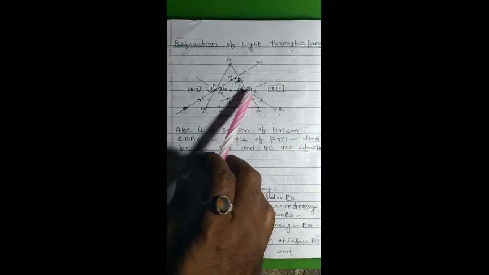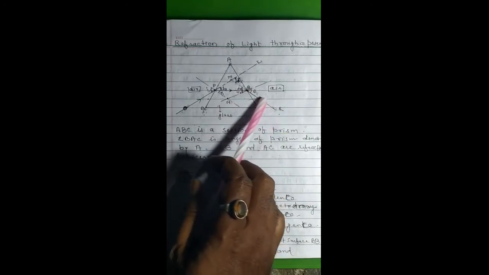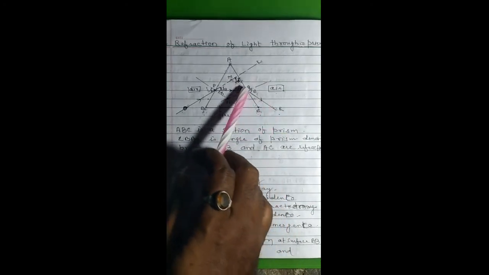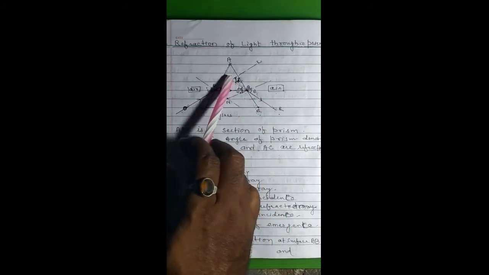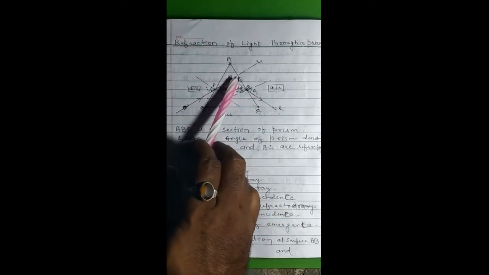See, once again in the figure, incident ray is produced forward and emergent ray QR is produced back, they meet at M and form angle of deviation of light by prism, which is denoted by del.